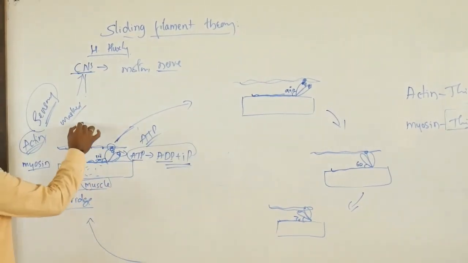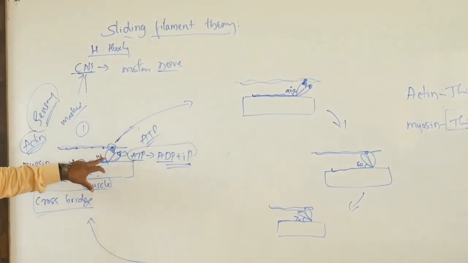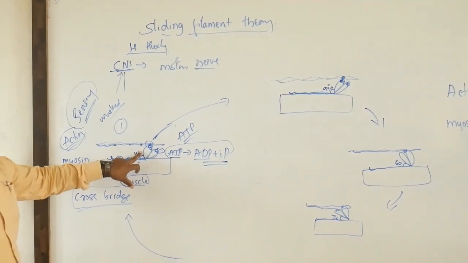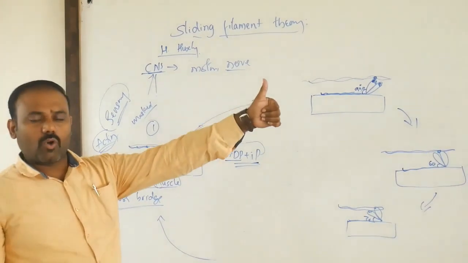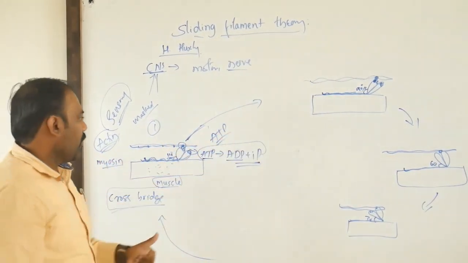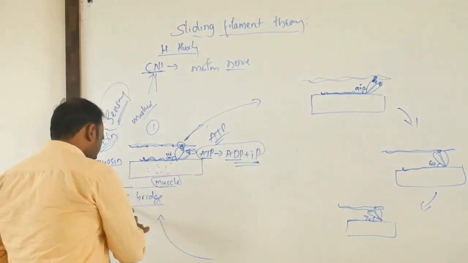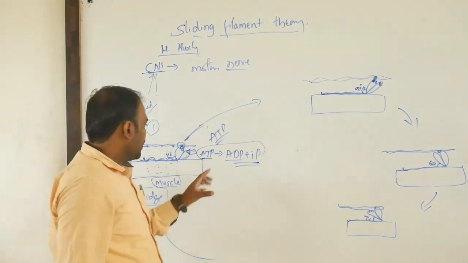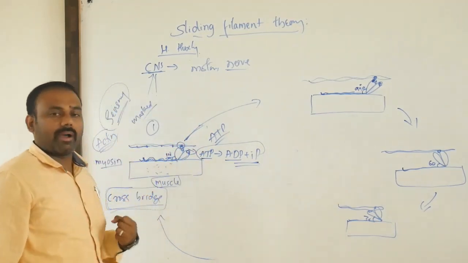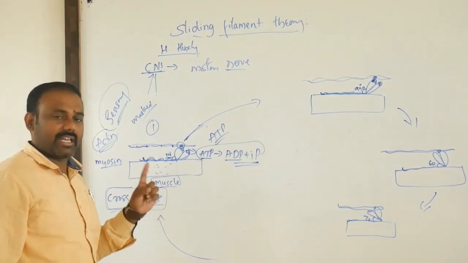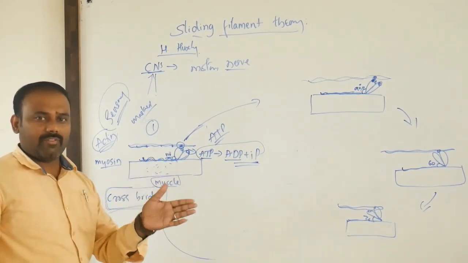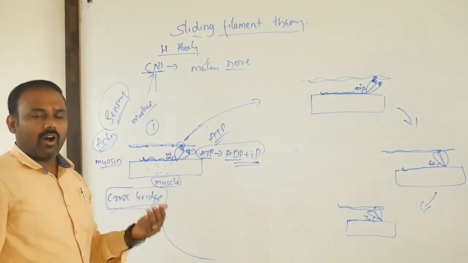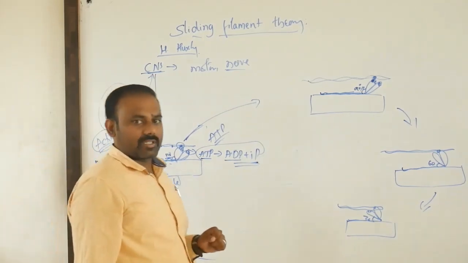In the first diagrammatic representation, the angle is 110 degrees, which means it is completely at rest. So the whole muscle is at rest. When the cross bridge takes place, the actin starts pulling the myosin head part, which you can call HMM or LMM, nothing but heavy meromyosin or light meromyosin.